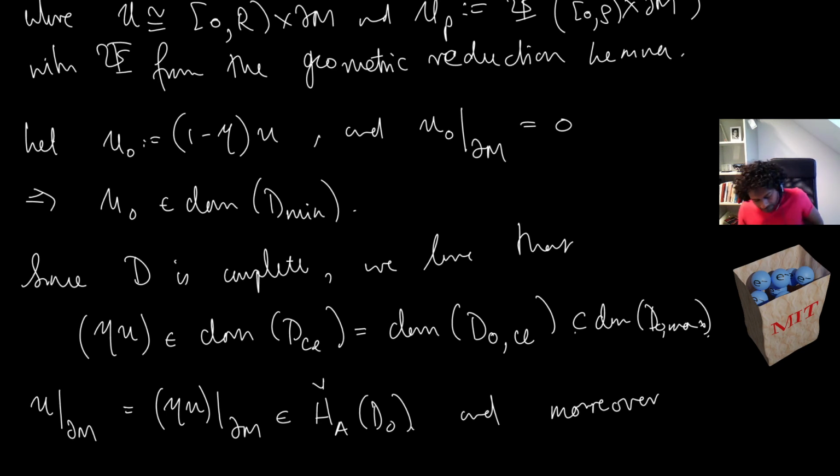Well, the domain of D closure is the closure of compactly supported sections that don't see the boundary row. So in order to be in this domain, you need to know that there is an approximating sequence in compactly supported smooth sections. If you didn't have D being complete, it's not really possible to do this. If you didn't know that there's a sequence of compactly supported smooth sections, how do you know that you're in the closure of this operator?